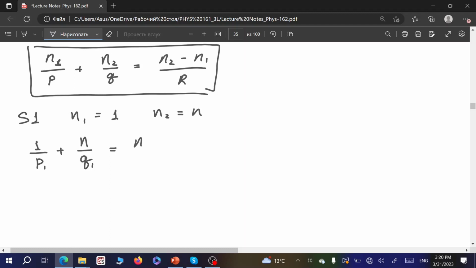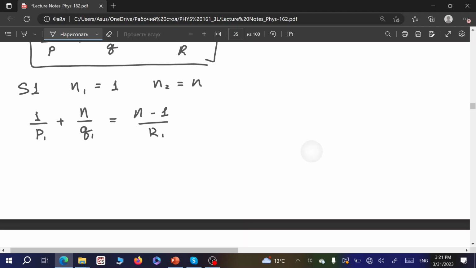And this equals N minus unity divided by R1, where R1 is the radius which defines the curvature of the first interface. Keep in mind that curvatures can be either the same for the first and second interface or different, depending on the lens. There are different lenses. So this is the first equation which is important for us.